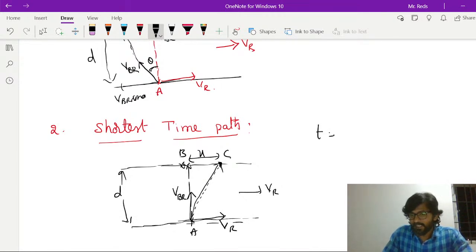The time taken here is nothing but distance by velocity.